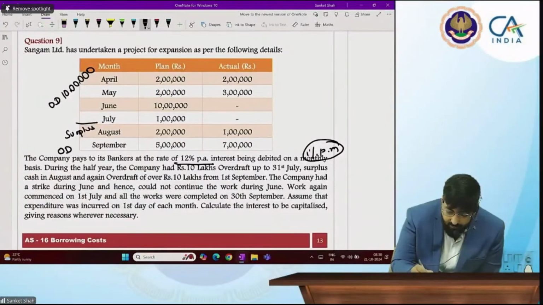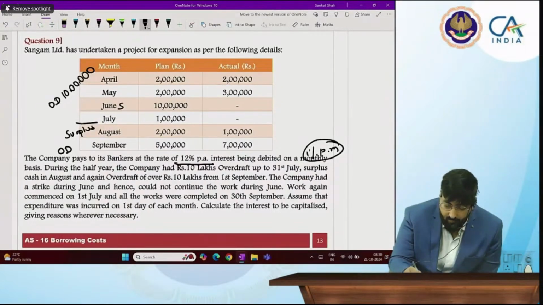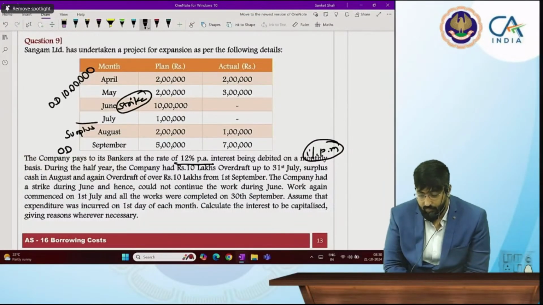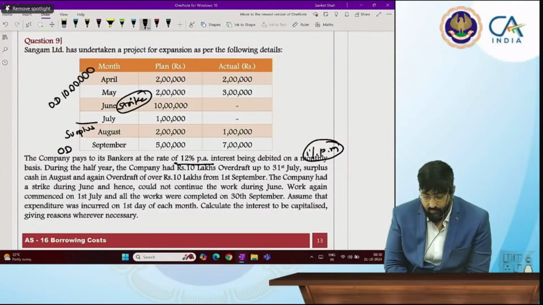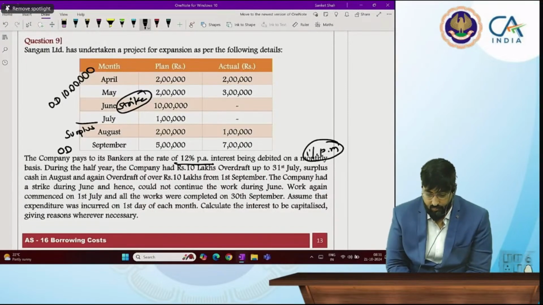The company had a strike during June and hence could not continue to work during June. Work again commenced on 1st July and all the works are completed on 30th September. Assume that expenditure was incurred on the first day of each month. Calculate the interest to be capitalized, giving reasons wherever necessary.